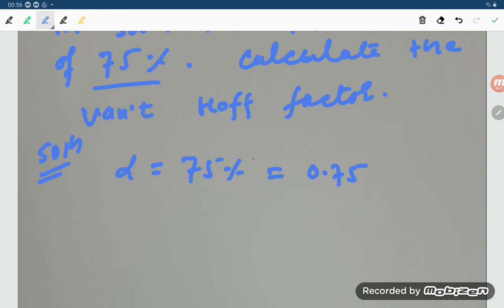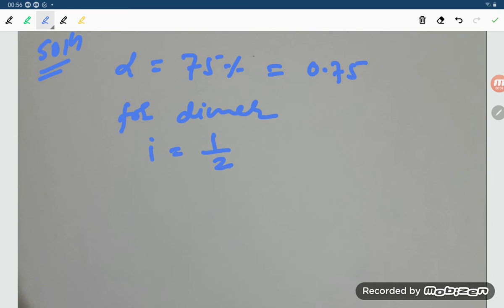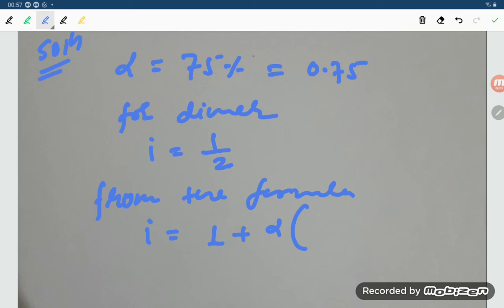For a dimer, n is 2, so 1 by n is 1 by 2. From the formula, I equals 1 plus alpha times (1 by n minus 1).